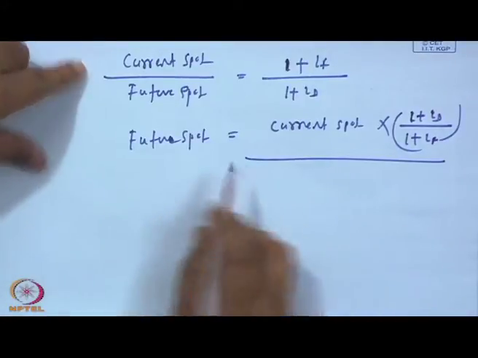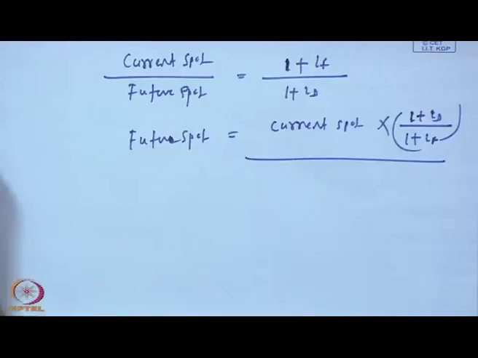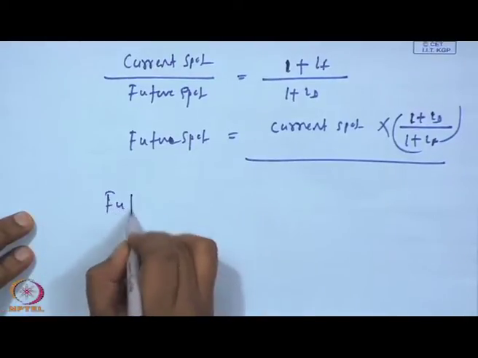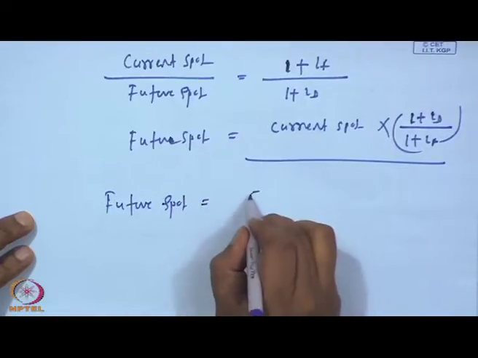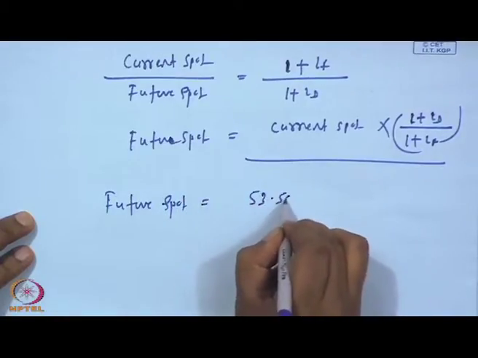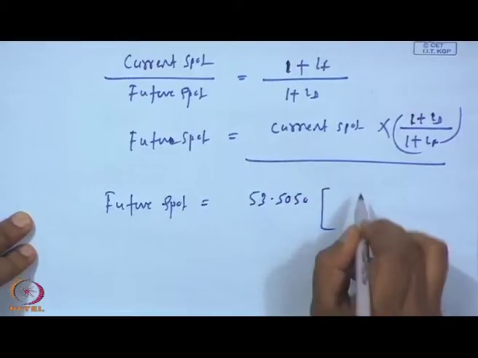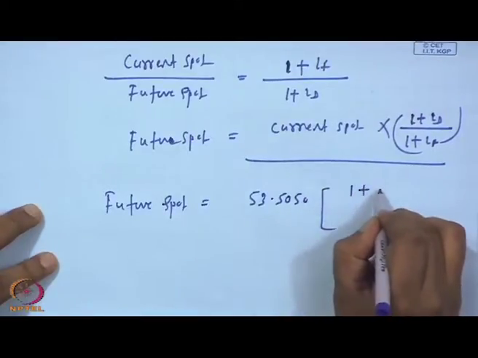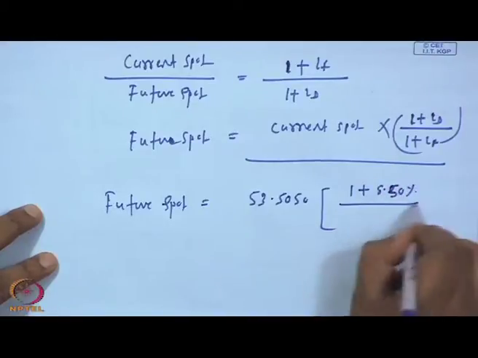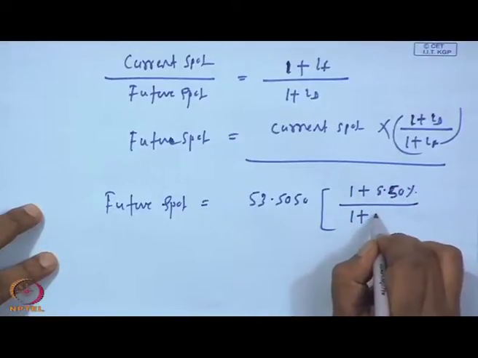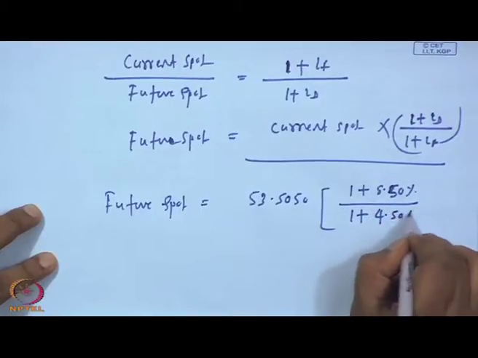Now, using the earlier example, our future spot after 1 year: the current spot is 53.5050, the domestic interest rate is 8.50, and the foreign interest rate is 4.50.